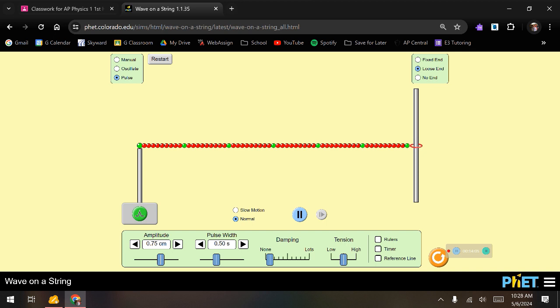As the spring went into the lighter string, what boundary would that be like? Free or fixed? Free, because it's allowed to move much easier in that particular case. Vice versa, if I put energy into the string and it went into the metal, which doesn't move nearly as much, it would act like a fixed boundary.